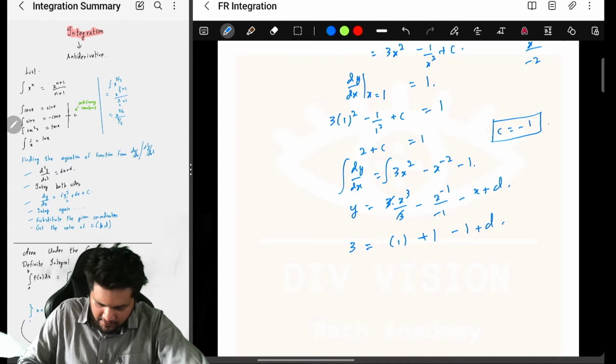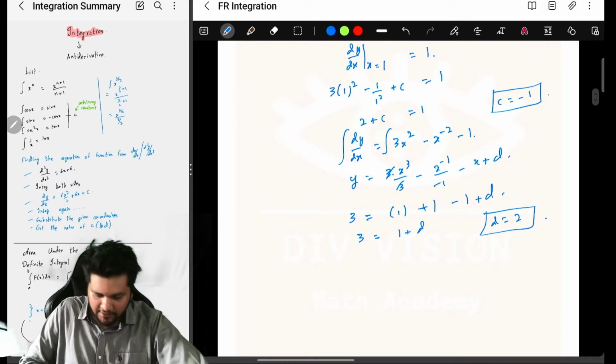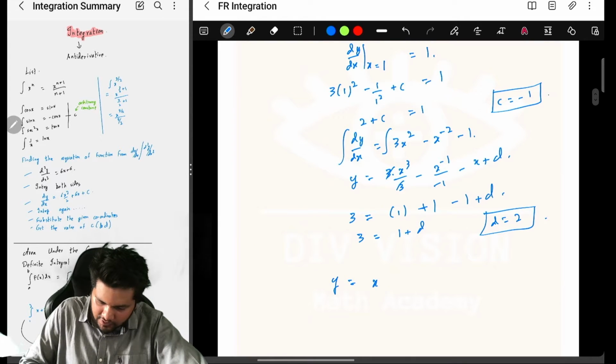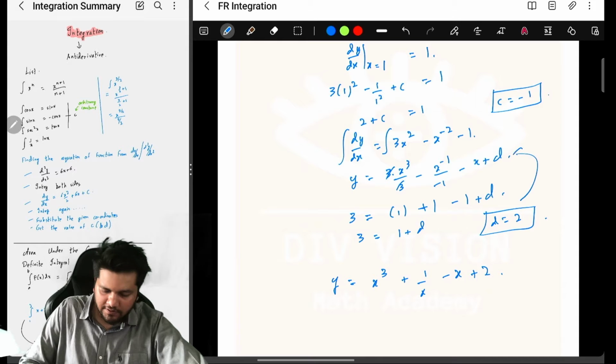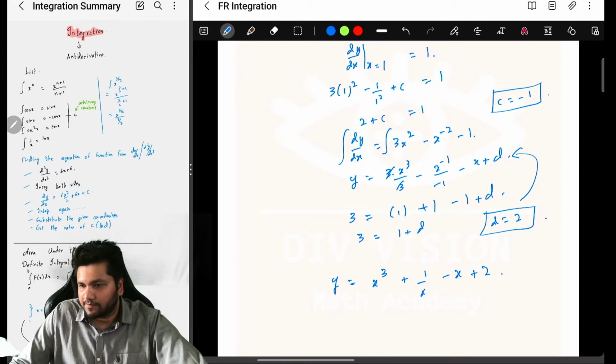Yeah, this makes sense. So therefore 3 is equal to 1 plus d, or we'll get d is equal to 2. So at the end of the day, the equation is going to be y is equal to x cube plus 1 by x minus x plus 2. I just substituted this in this equation and we'll get the value.